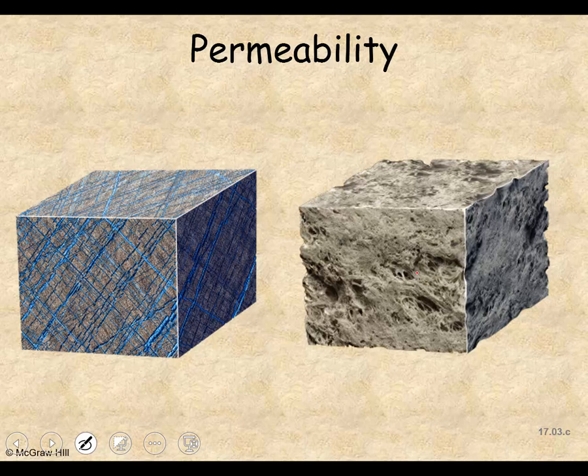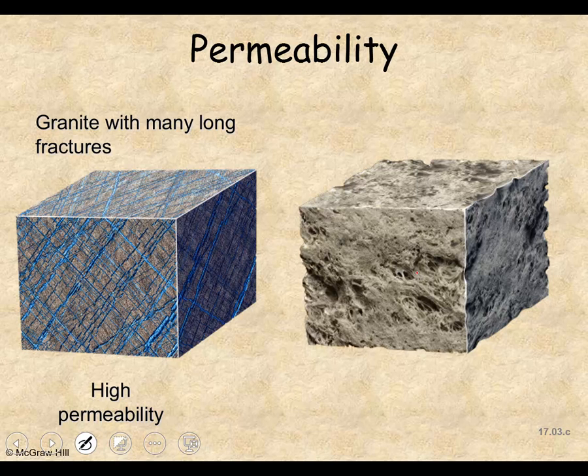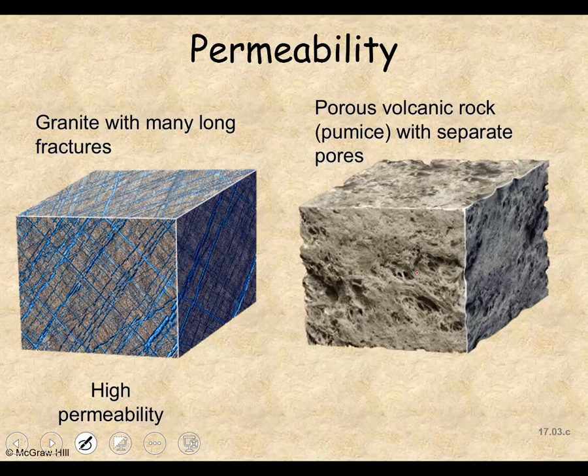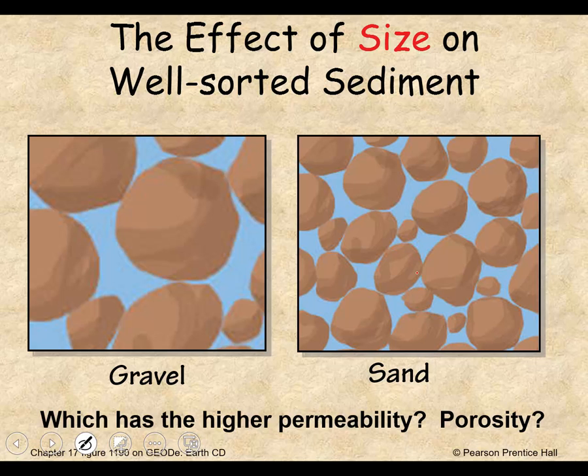Now here's a case, fractured granite, high permeability, but low porosity. A porous pumice or scoria, it's got high porosity but low permeability. So it's not enough to have water, it's got to be interconnected. So you need those pores to be interconnected somehow.